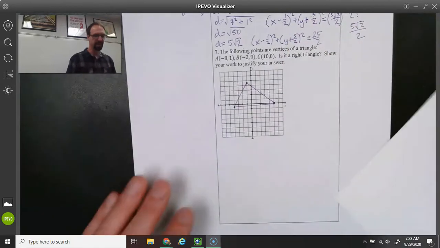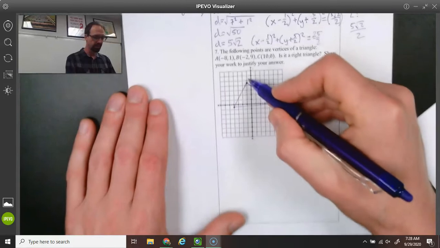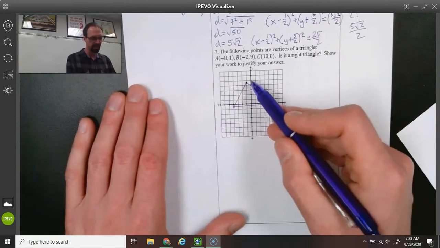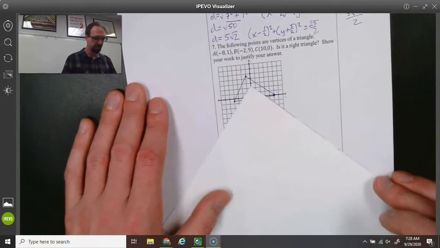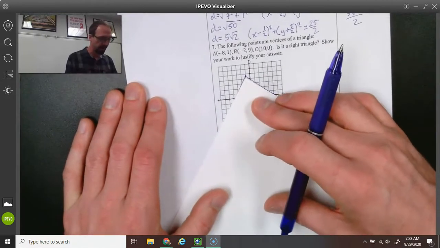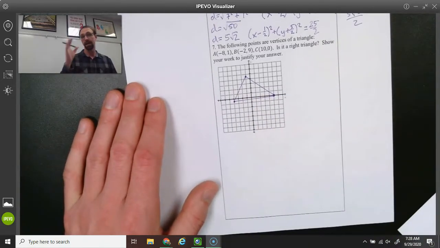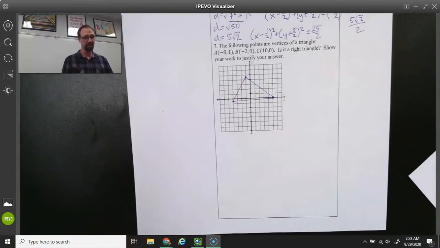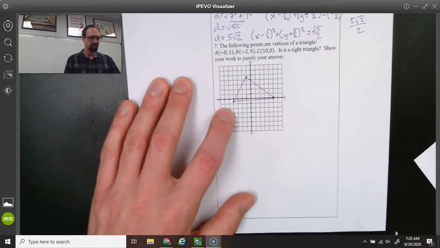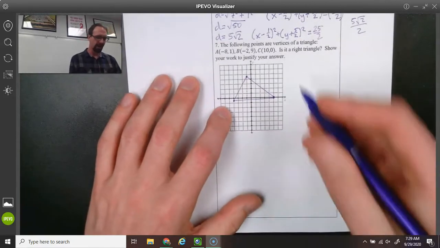Remember, for perpendicular lines, for it to have a right angle, this would have to be a perpendicular line. I'm assuming this one because this is the closest to looking like it's a right angle. The other ones don't. If I just get a piece of paper, since I graphed it with the same X and Y scale. You can only do this if you graph in the same X and Y scale. If you don't, it's going to be off.